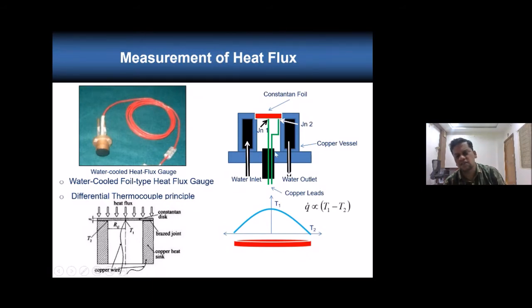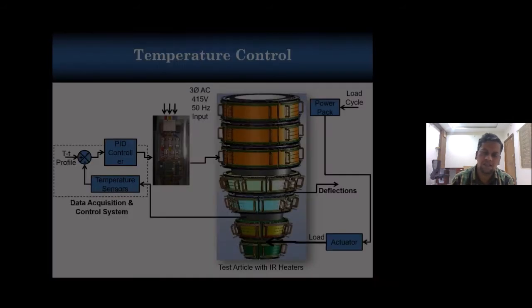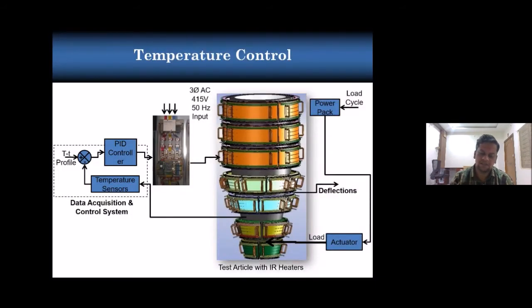The difference in the temperature is directly proportional to Q. We will measure the differential EMF that is directly proportional to Q. Based on the sensitivity of the gauge, we can calculate the Q value. But this EMF will be very small, so we have to use an amplifier in between. Based on the amplifier gain, we can scale that back and calculate the flux value. It is a derived quantity from the temperature difference.